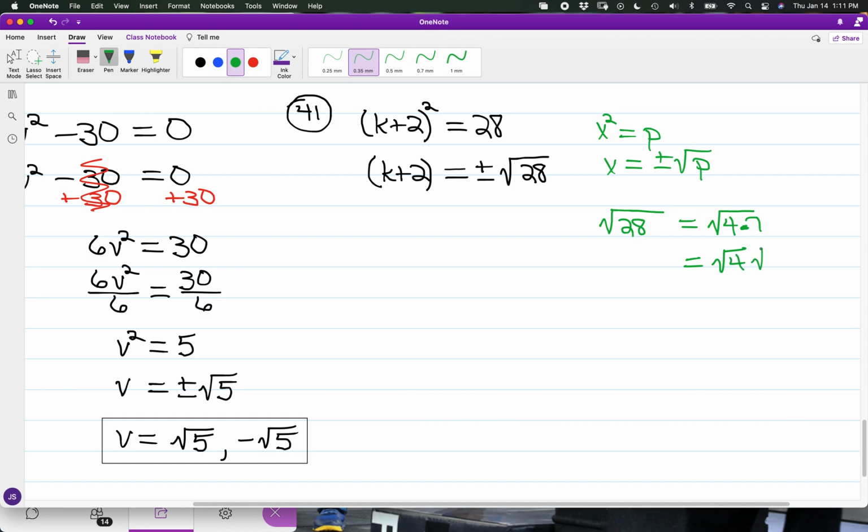Extracting, you have the square root of 4 times 7, so it'll be the square root of 4 times the square root of 7. So the reduced radical form of the square root of 28 will be 2 times the square root of 7. Taking what we have now, k plus 2 is equal to plus or minus 2 times the square root of 7.